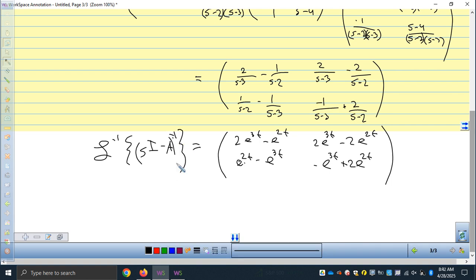So if we were to have calculated e to the At using our power series, we would have gotten sums in there that we would need to separate in order to see what the closed form solution to each entry is. But that's not a terrible way to do this calculation.